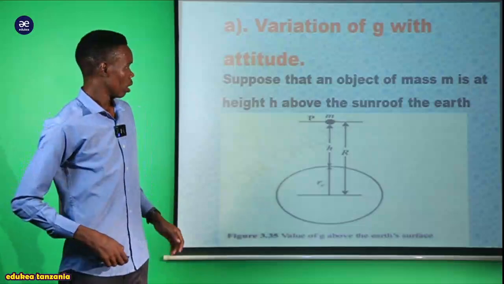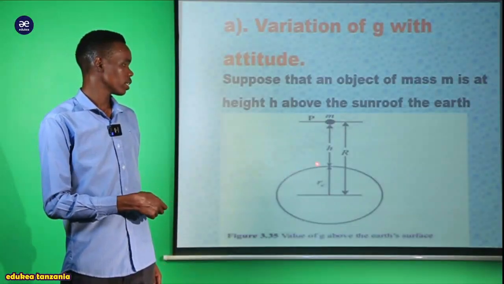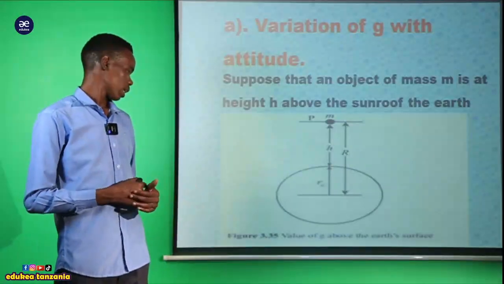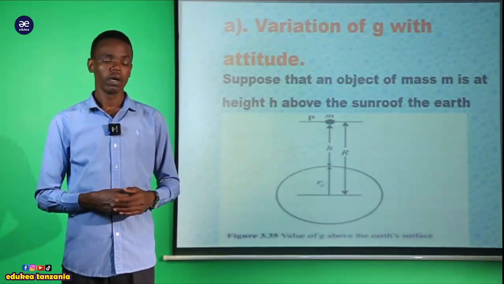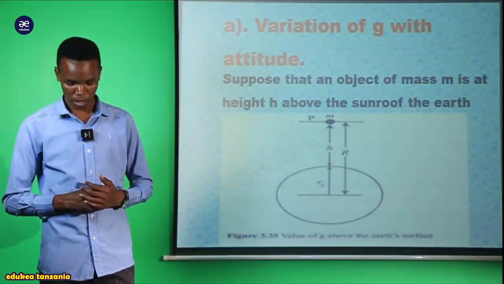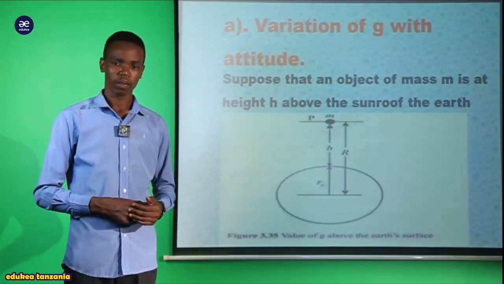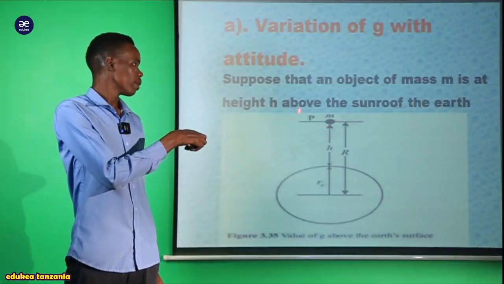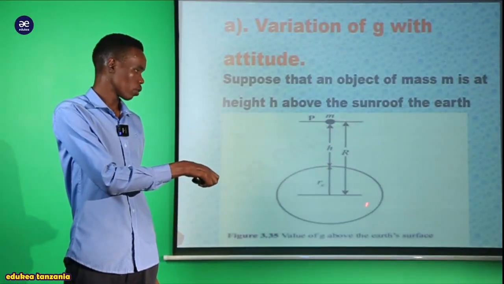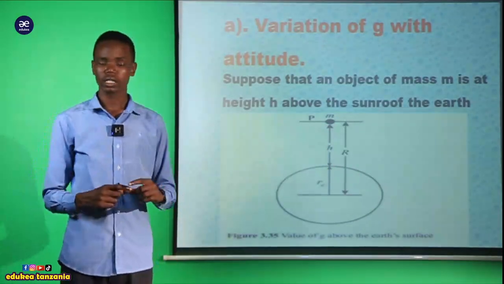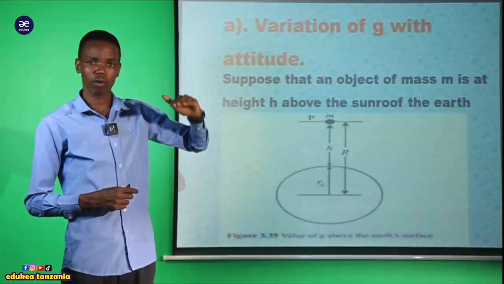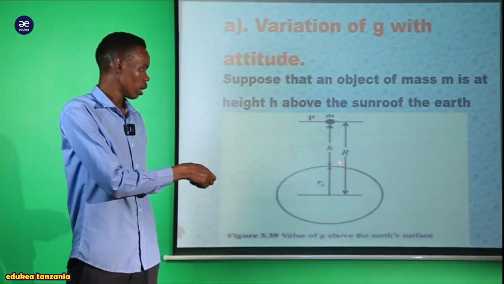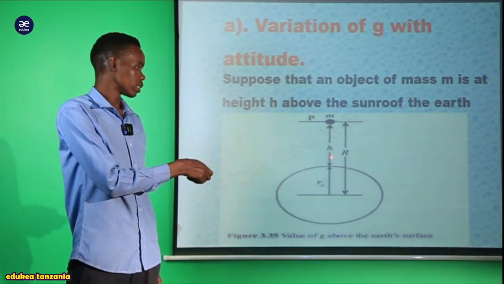So how? Consider our figure here, which has the mass m, as we have seen in our figure number 3.34. Now let us look at our figure number 3.35 here. Firstly, we have seen that this mass of an object was at the surface of the sphere. Now let us imagine that it is above the surface of the S. Since it is above, it means it acts at a certain height.